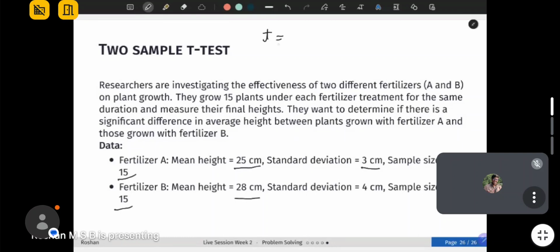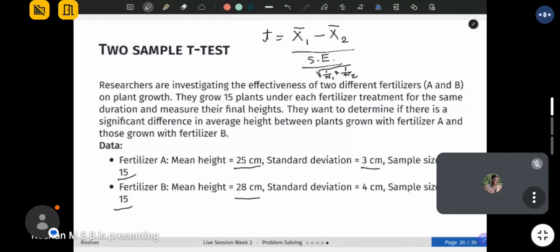X bar 1 minus X bar 2 divided by SP, that is the standard error, times the square root of 1 by n1 plus 1 by n2.